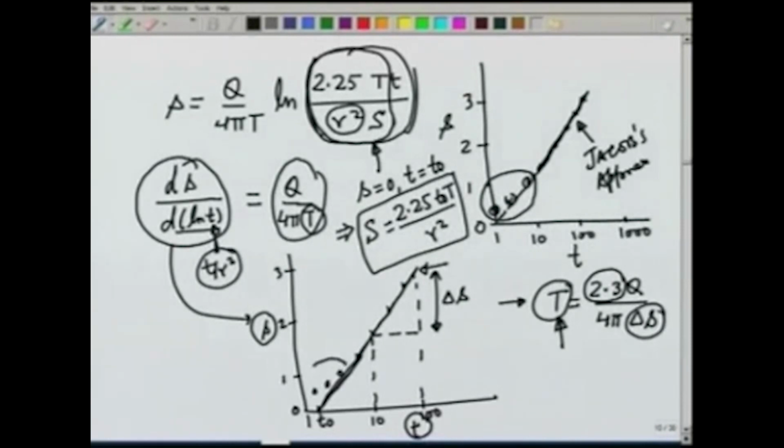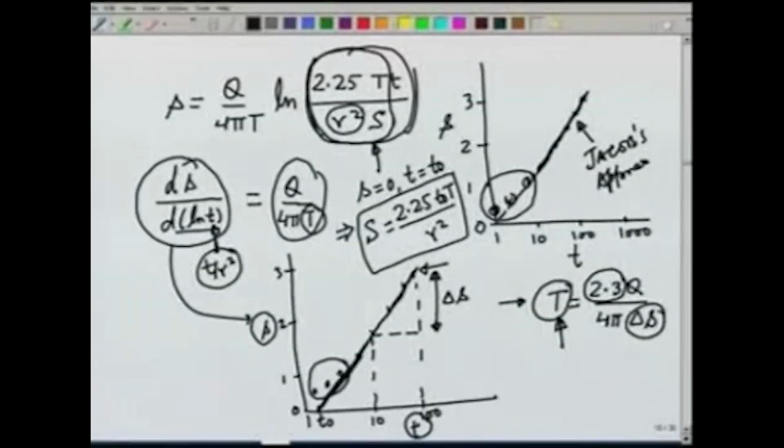Early portion will not be on the straight line, but the late portion will be on the straight line. We extend the straight line to intersect the t axis at time t equal to t0. We also note down the change in drawdown in 1 log cycle of t, and we call that delta s.